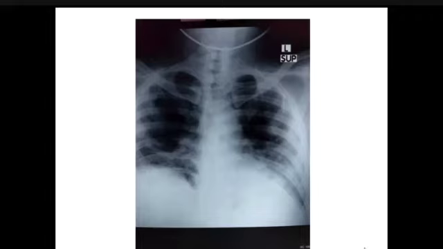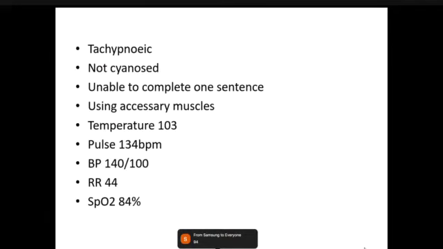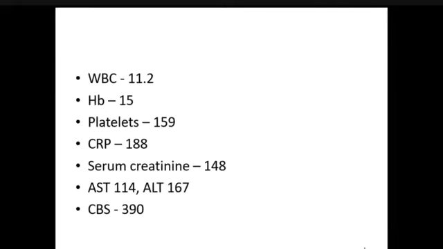It should be less than 94. If the patient's saturation is less than 94, we should start on oxygen. So this patient's saturation is quite low, so we have to start on oxygen, right? 84% on room air, right? So we have to start on oxygen. There's no question about that.